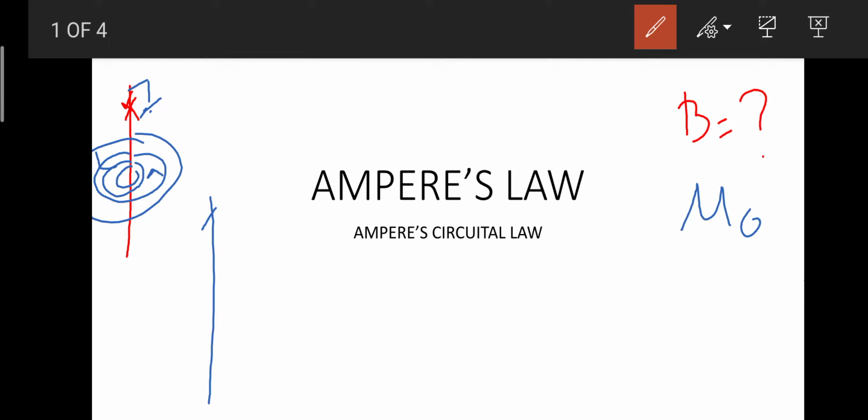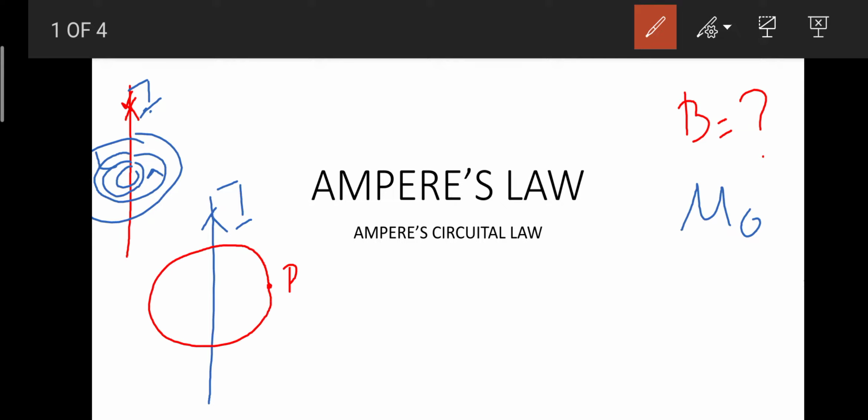We have a current carrying wire and a lot of field lines. I have been asked to determine B at this particular point P. There is a huge number of field lines around this current carrying wire, so what would I do? I will draw an Amperian loop.